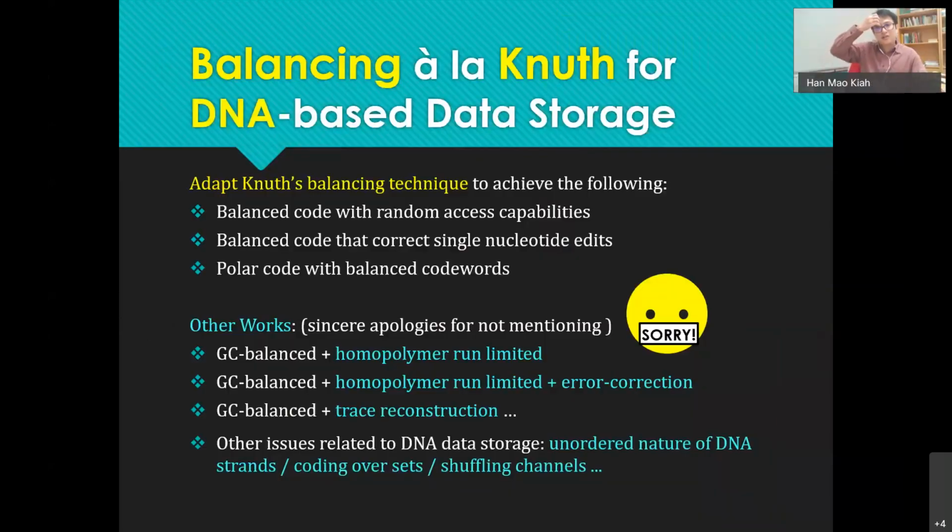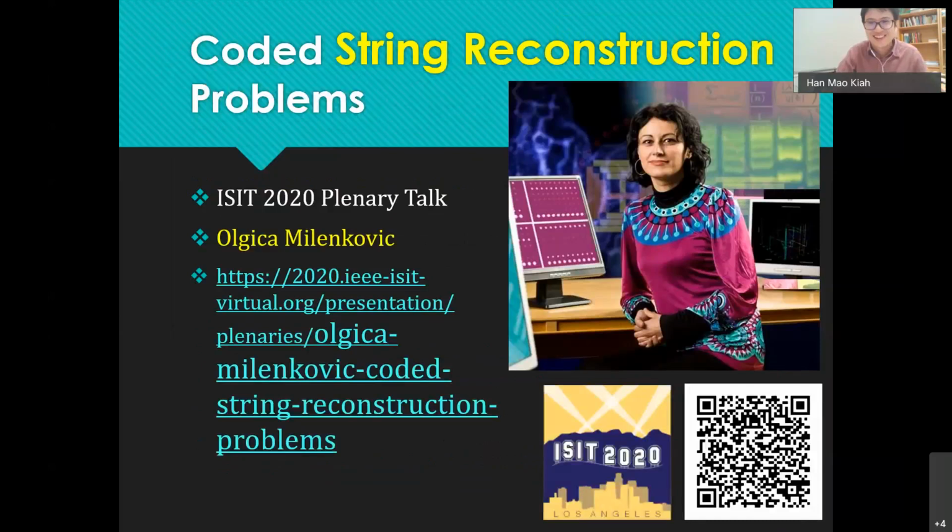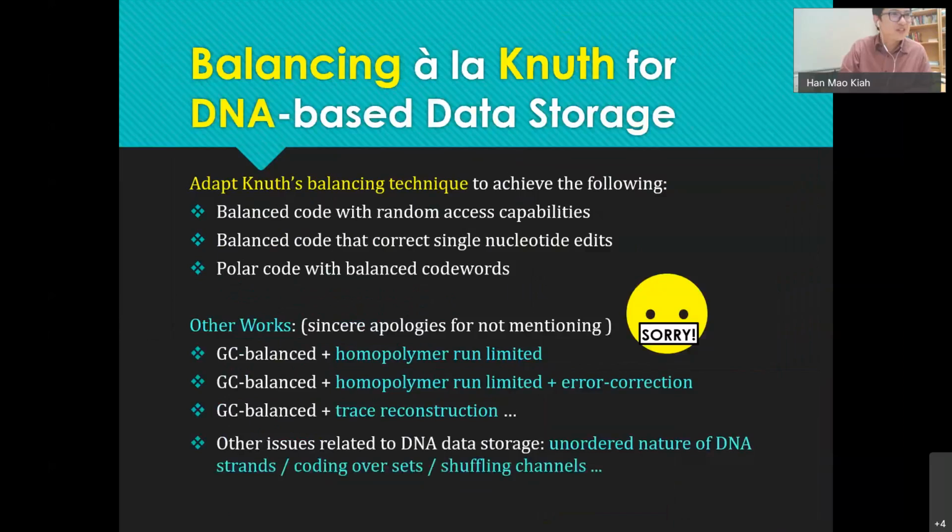This was some work that was presented by Ogisa. If you are interested, you can look at her talk here. Let me roughly tell you what it's about. This is coded trace reconstruction.